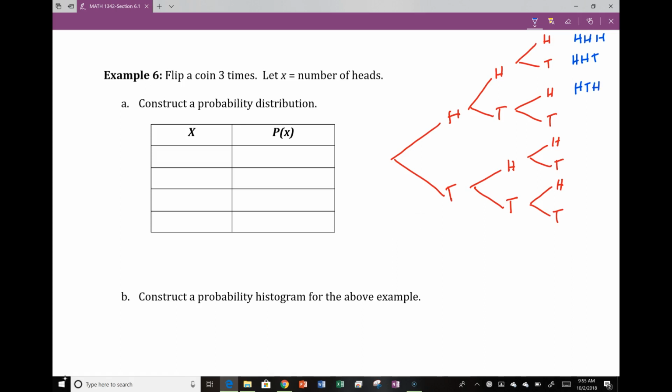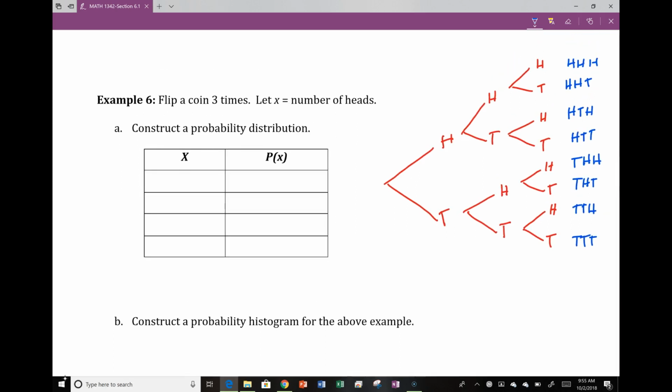Head, tail, tail. Then we can get a tail, head, head. We can get a tail, head, tail. We could get a tail, tail, head. Or we could get a tail, tail, tail. So now these are my possible outcomes.